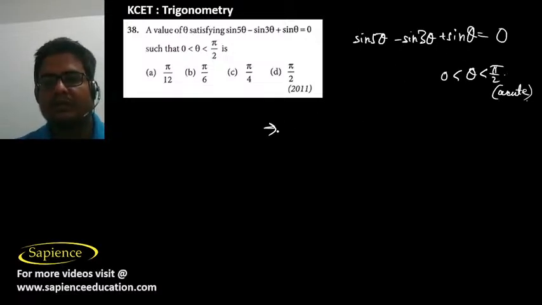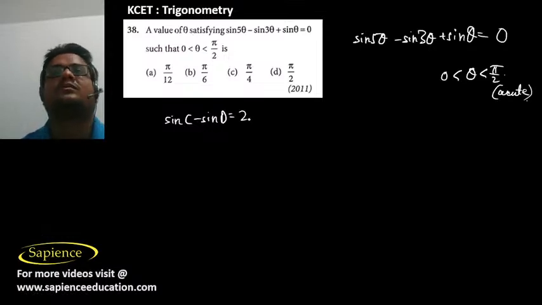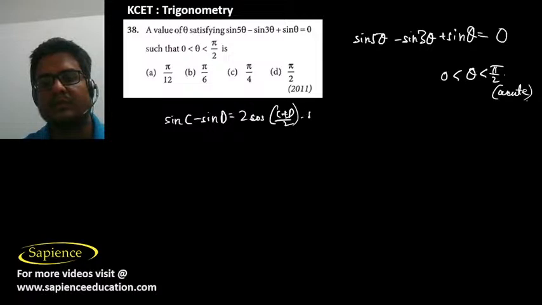So from here we can say, sine c minus sine d, we know that is equal to 2 cos of (c plus d) by 2 into sine of (c minus d) by 2.